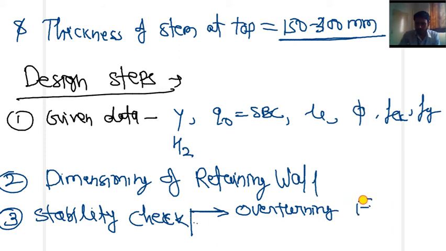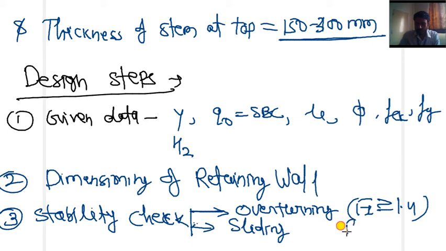Here we will calculate factor of safety first, F1, and that should be greater than or equal to 1.4. Second criterion is sliding. For sliding, we will calculate factor of safety second, F2, and that should be greater than or equal to 1.4. If the value of F2 is not more than or equal to 1.4, we have to provide a shear key.